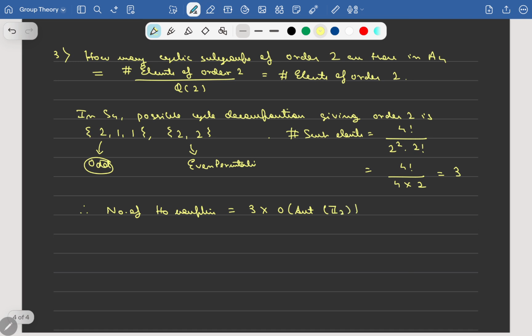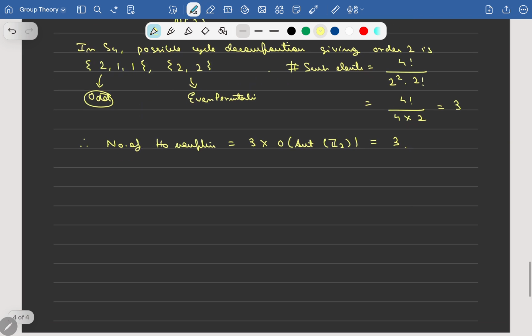But the automorphism group of Zn is isomorphic to Un, which has order phi of n. So this is just 3 itself. And the same holds for both G4 and G5 as well.